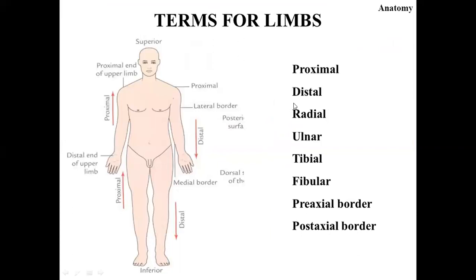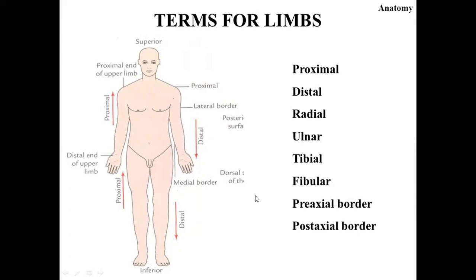Okay, so we have discussed the proximal, distal. Okay, so radial is the radius bone part, ulnar. We have ulnar and radial bone in the forearm, where the lateral most is the radial bone and the medial most is the ulnar bone.